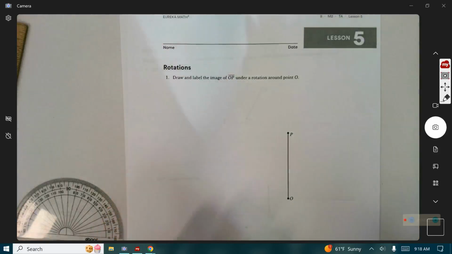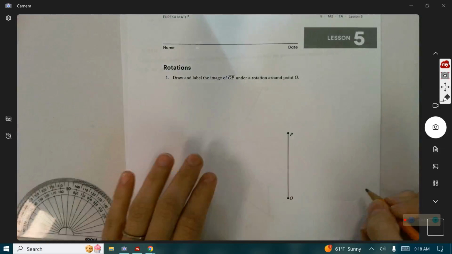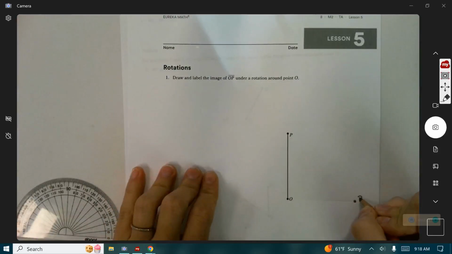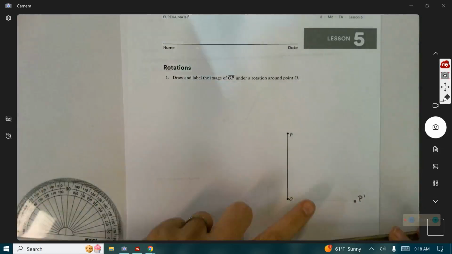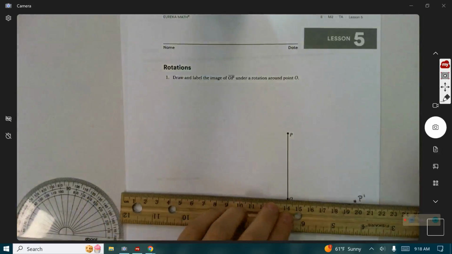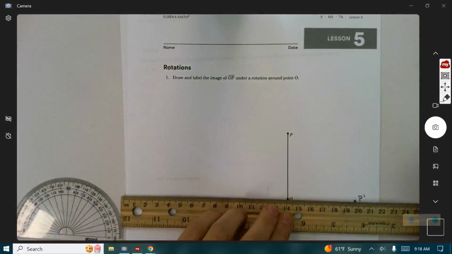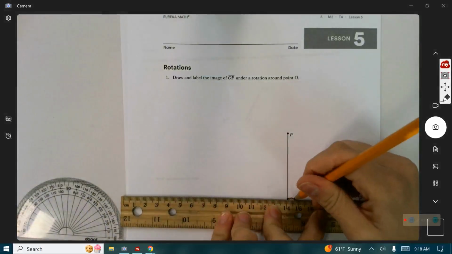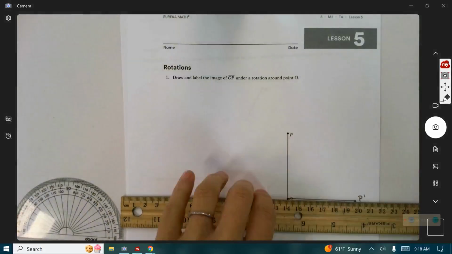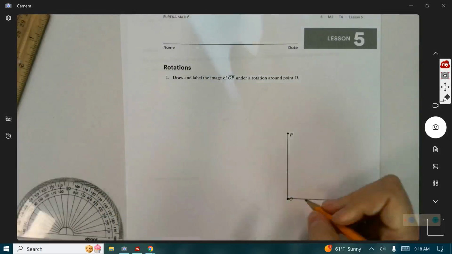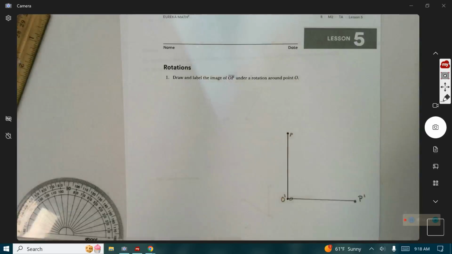Then when you pick it up, you can kind of see the indentation from before. So I'm going to put my P prime here, and I'm going to use my straight edge to make sure that I have connected O to P prime accurately. And then you can also label O as O prime as well, because now it's part of the new figure also.